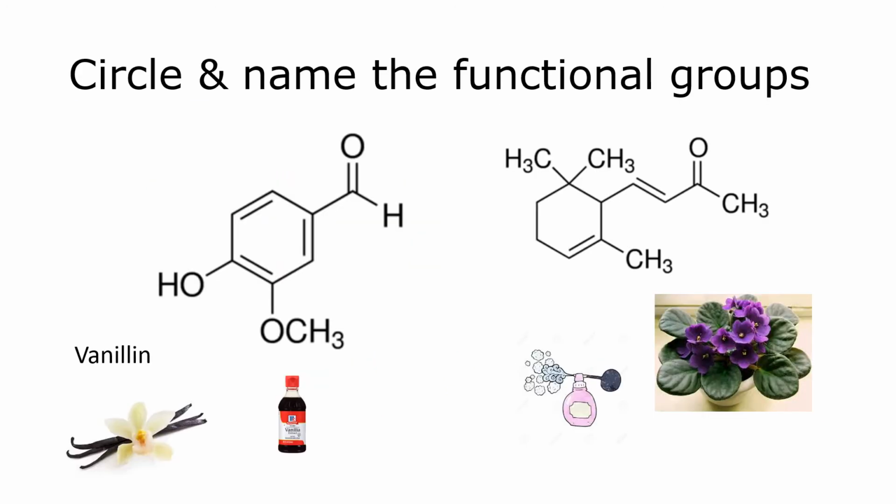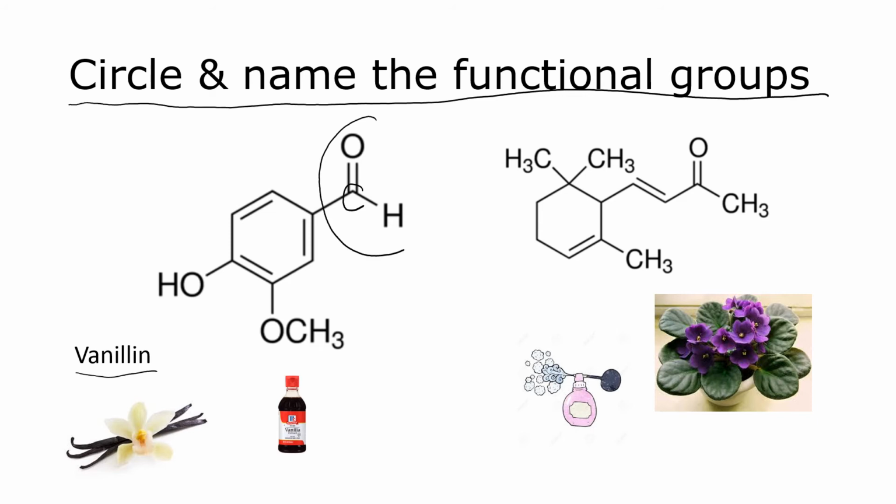Let's review functional groups by circling and naming the functional groups in the following 2 compounds. The one on the left is called vanillin, and some functional groups we may notice: the one I'm circling here is a carbon double bond to an oxygen, and then we have a hydrogen attached to one of those carbons. That makes an aldehyde.